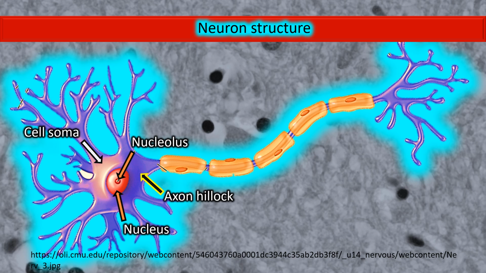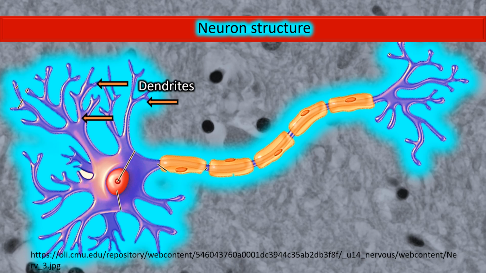They are the dendrites. But the process that arises from the axon hillock is the axon. You can see the long axon going into the rest of the areas. Now, those are the dendrites. You can see the branching pattern of the dendrites.